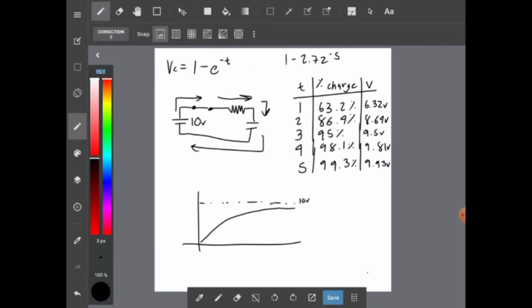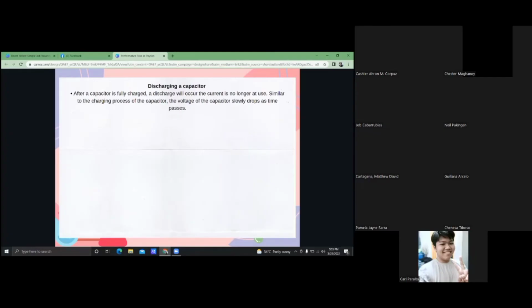So that is how you graph the charging of the capacitor, as well as the formula and solution of getting the voltage.